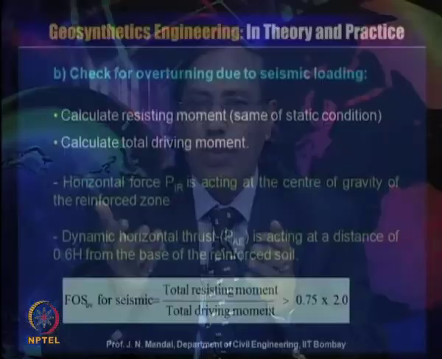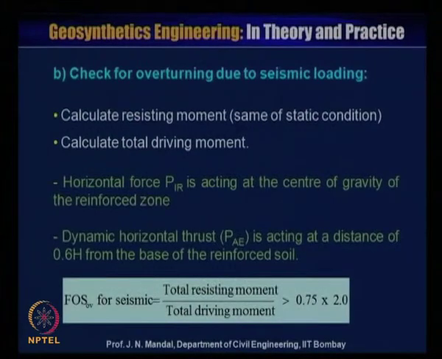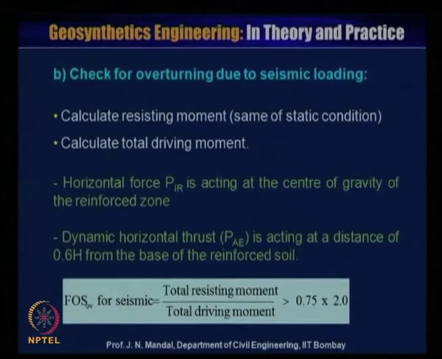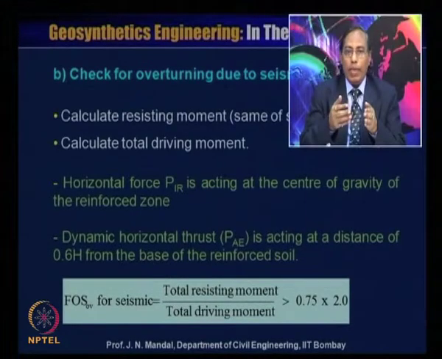Similarly, B, you have to check overturning due to seismic loading. So you calculate the resisting moment, the same as for the static condition. Calculate the total driving moment. Then the horizontal force PIR is acting at the center of gravity of the reinforced zone. The dynamic horizontal thrust PAE is acting at a distance of 0.6 times the height of the wall from the base of the reinforced soil.